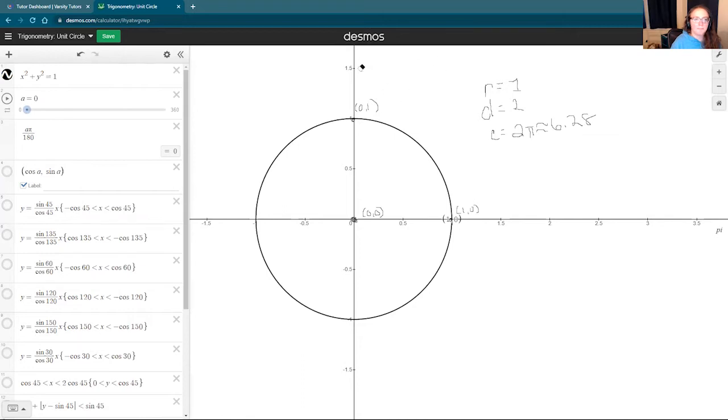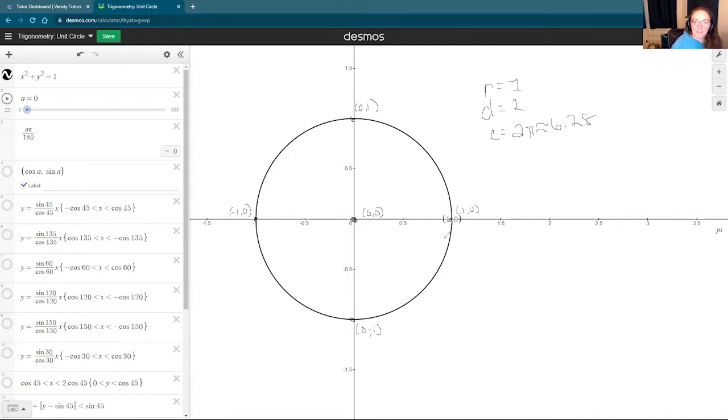So this point right here is going to be what? Negative 1, 0. Sometimes I mix these up too. And then this is 0, negative 1.